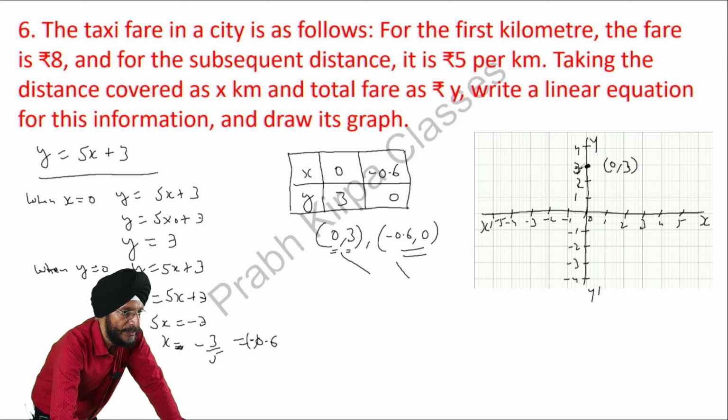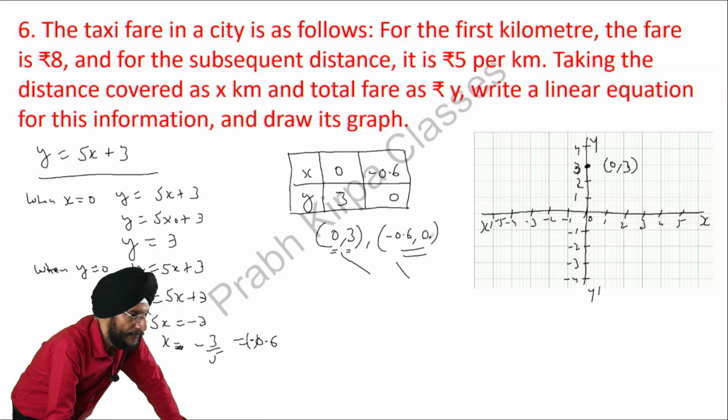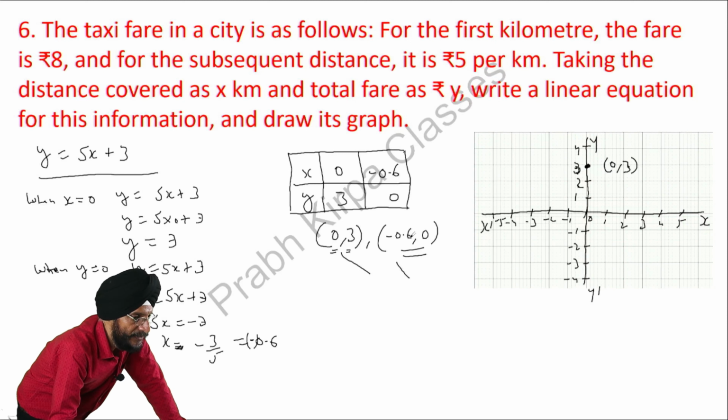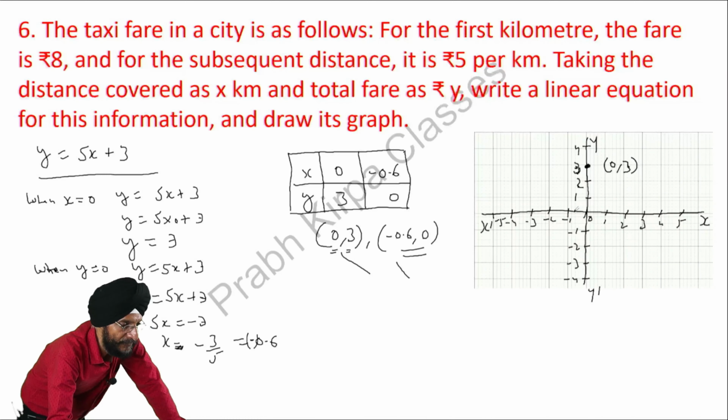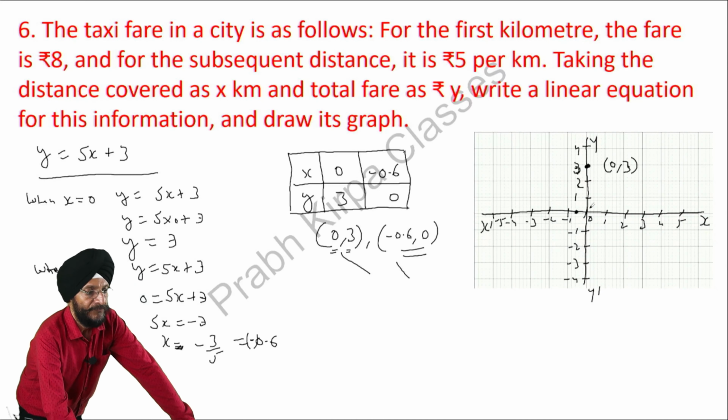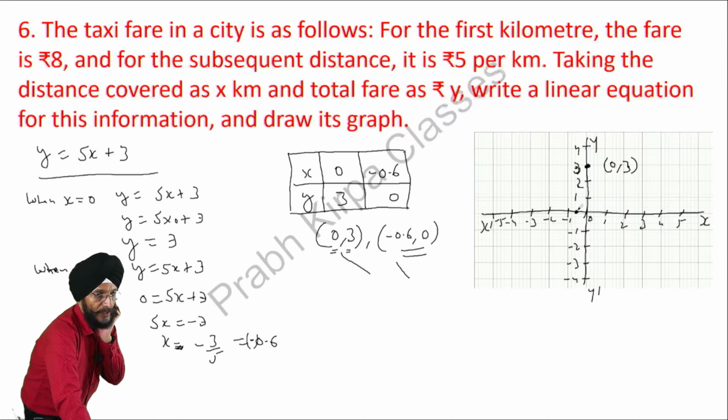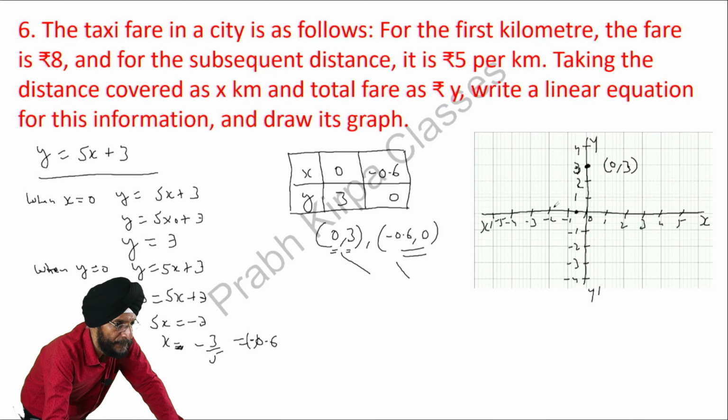Now we come to the next point, which will be minus 0.6. That is, it will be somewhat here. Minus 0.6. And what is the value of y? It is 0. That is, the point will lie somewhat here, where x is minus 0.6 and the value of y is 0.